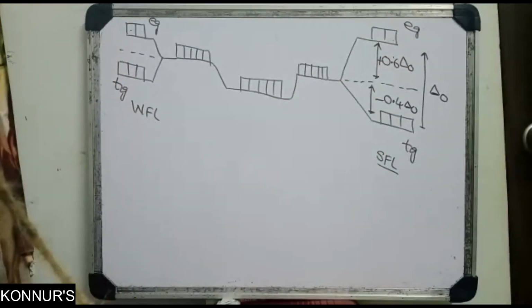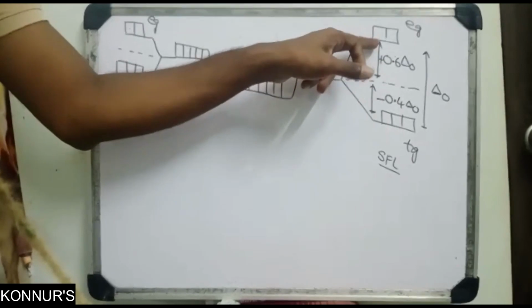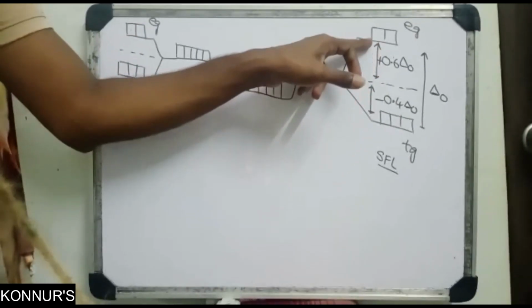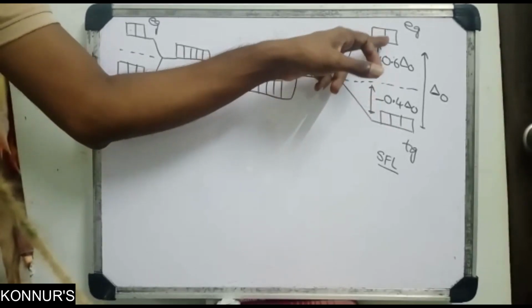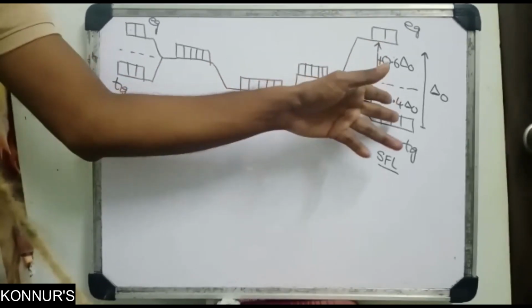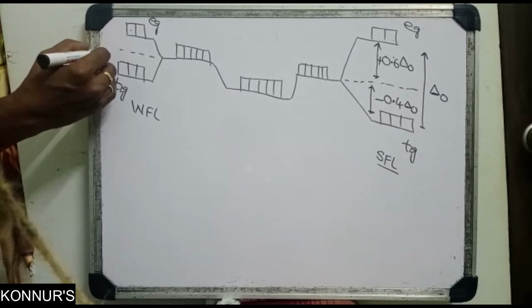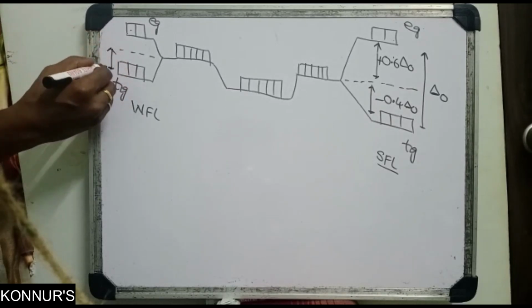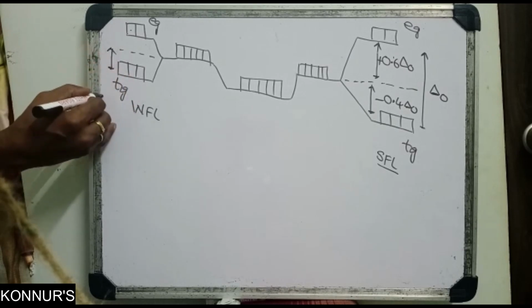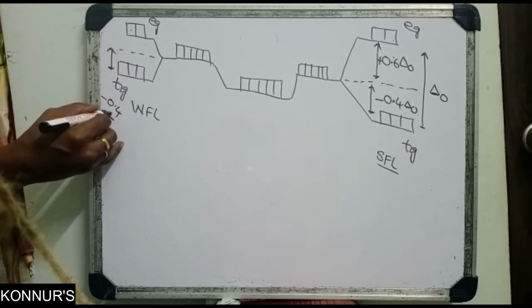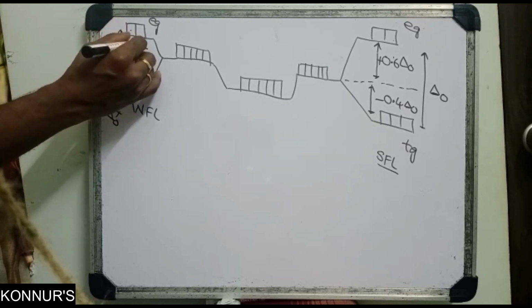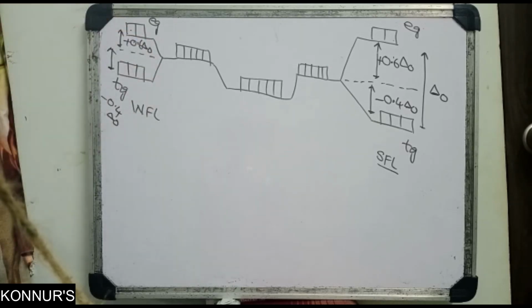Here a maximum of 6 electrons, and here a maximum of 4 electrons. To balance, this area is multiplied by 6 and this area by 4. So this area gives minus 0.4 delta 0 and this area plus 0.6 delta 0.